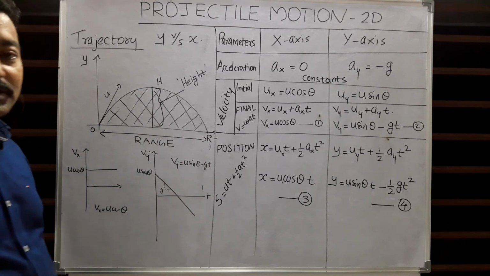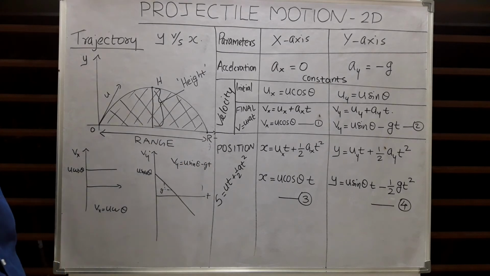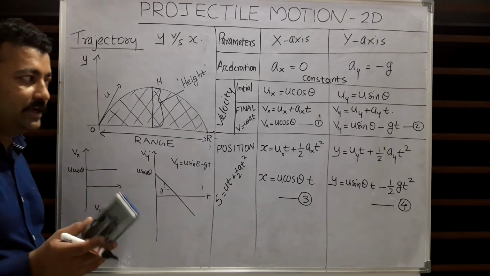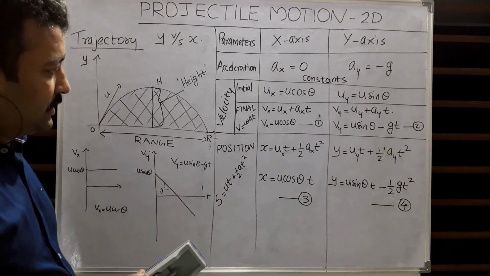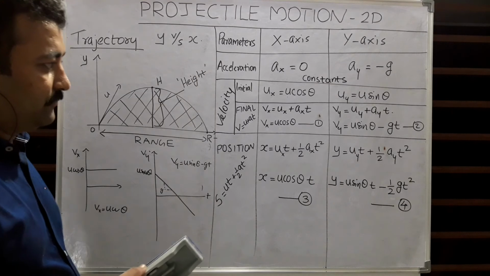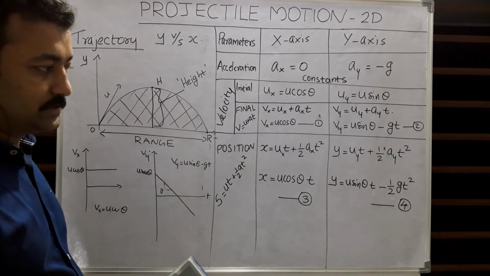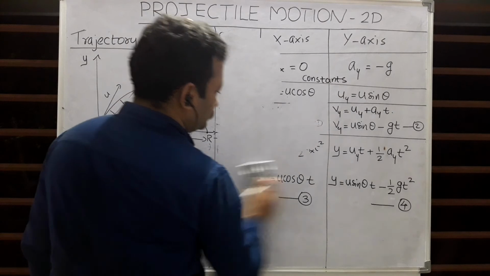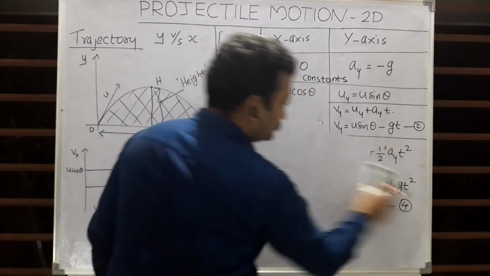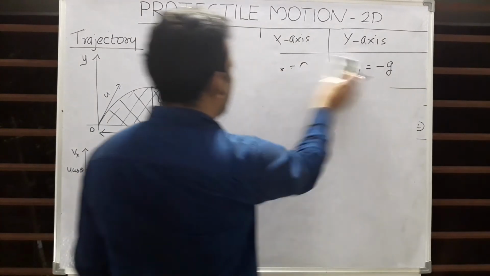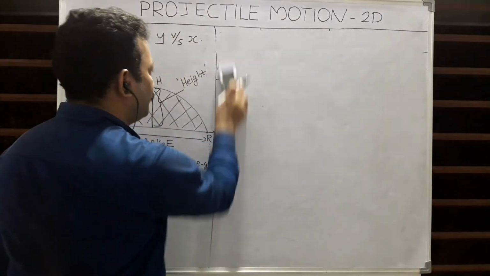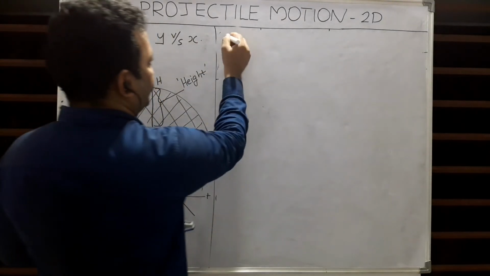That is called the time of flight of the projectile. Now I will take that side for making the analysis simple.